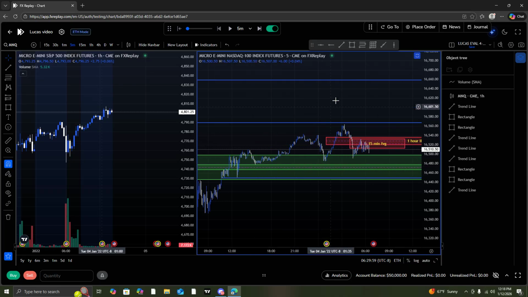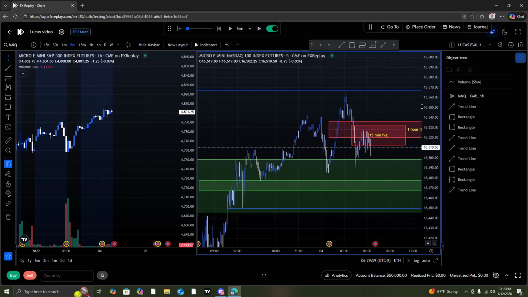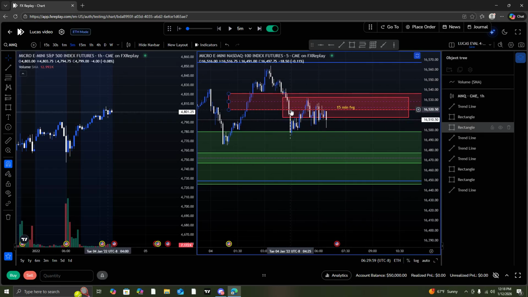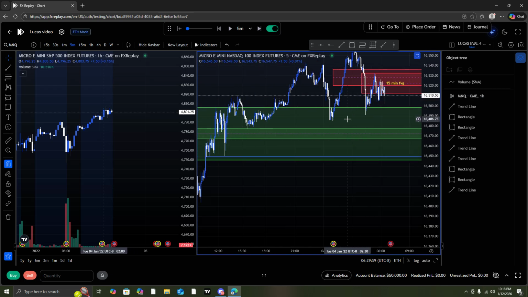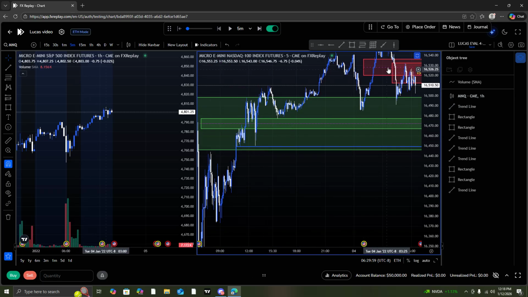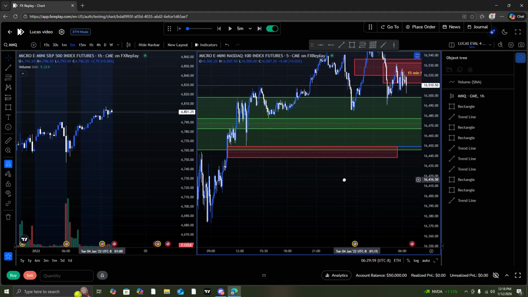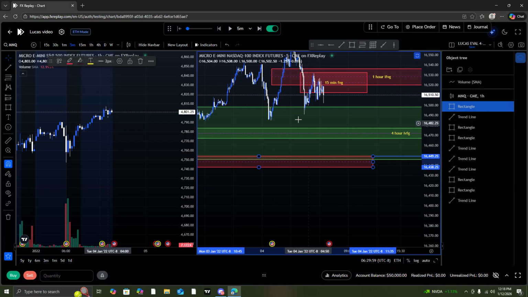Let's go to the 5-minute. Nothing too crazy. Respecting this 5-minute, overlapped by the 15-minute. We could mark this out, but I don't want to. We could mark this out. I love to mark this one out because we have a fair value gap right under it. So we may sweep this liquidity and then be bullish.